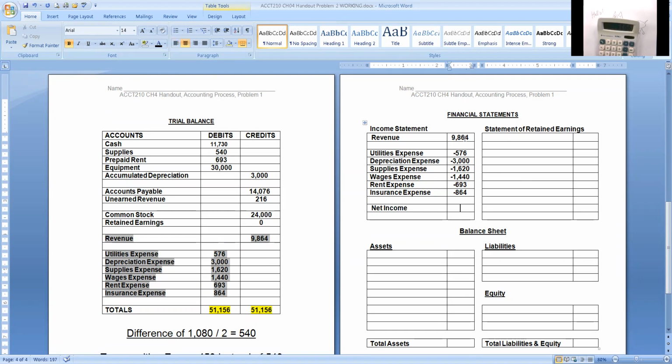The 9,864 is what came in. These are all the expenses that went out.